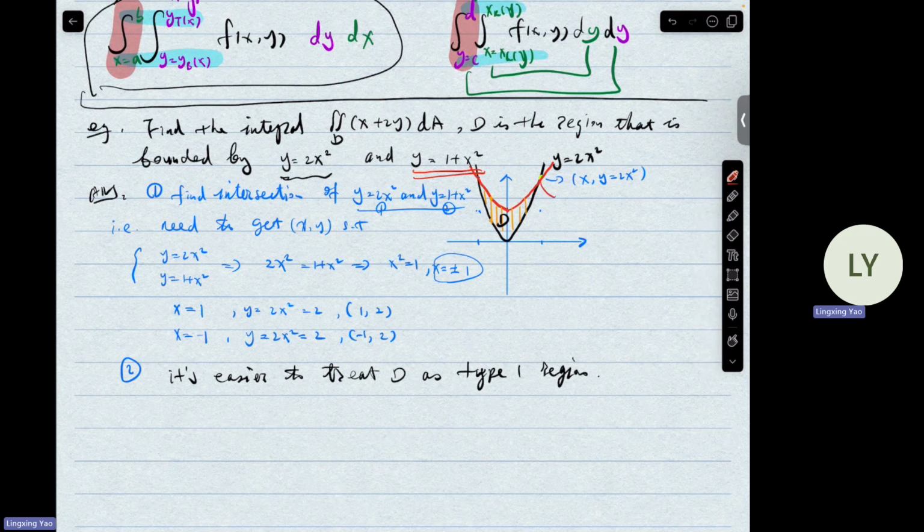So this red curve is y equals 1 plus x squared. This curve in black is y equals 2x squared.